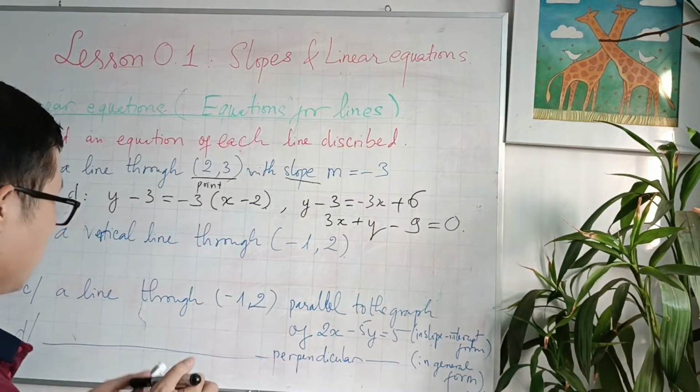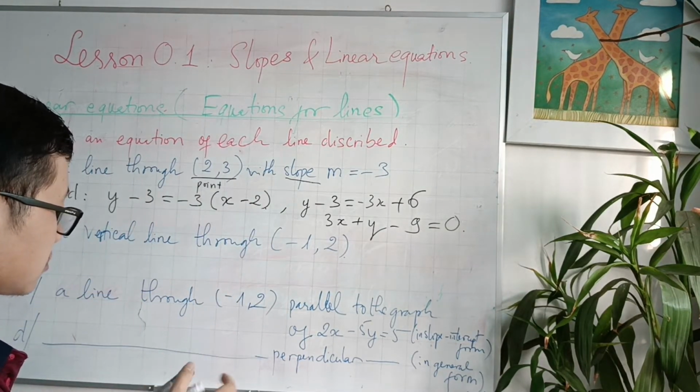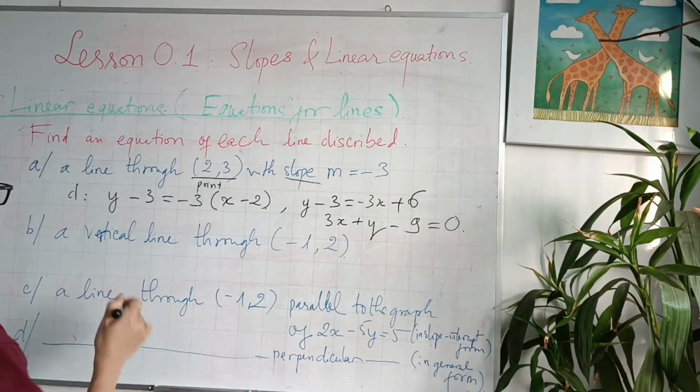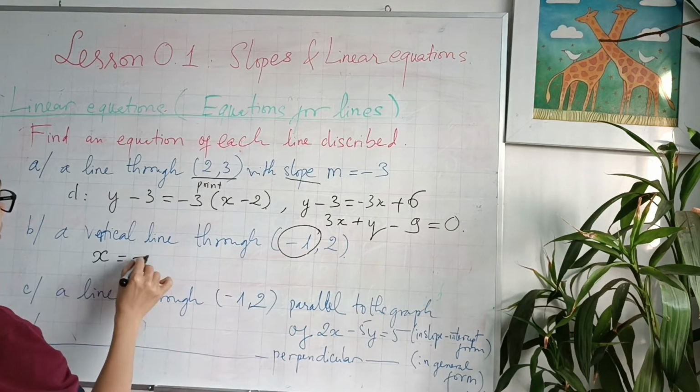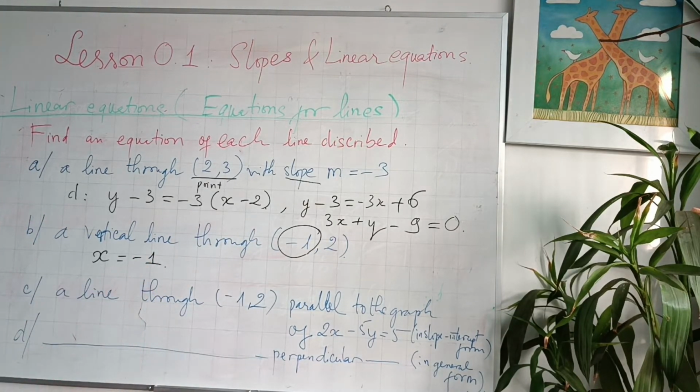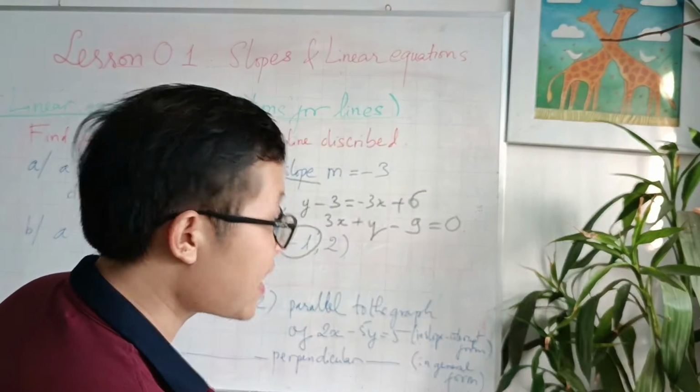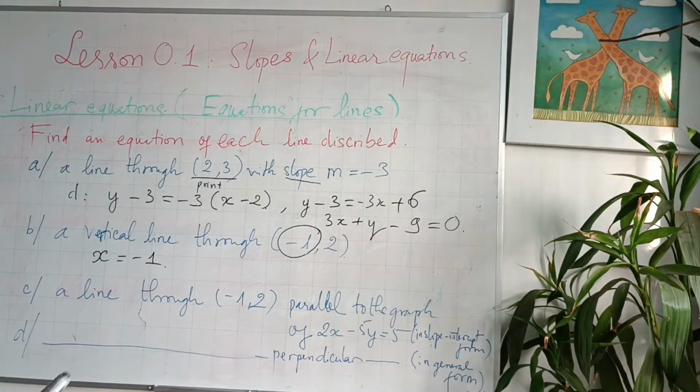So the answer is x equals negative 1. Easy. It's easier for you when I sketch this line in the coordinate plane.